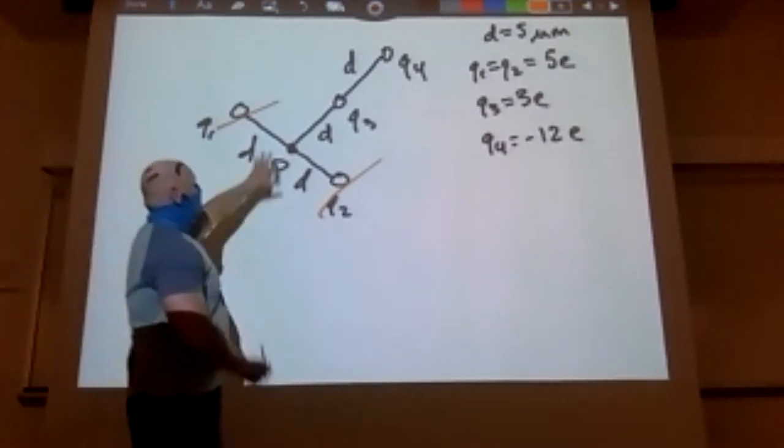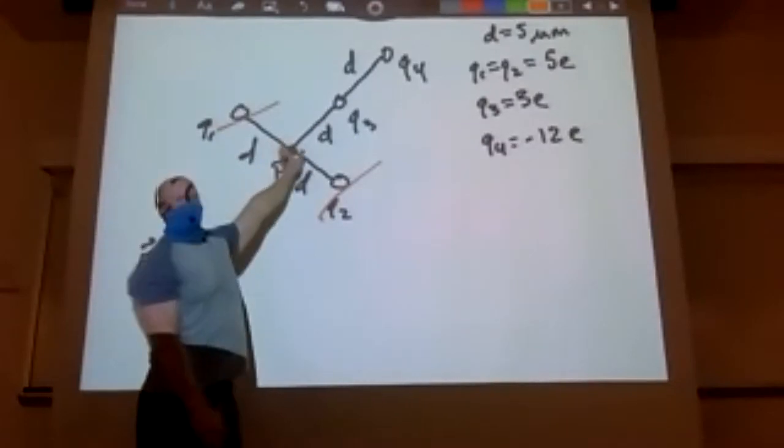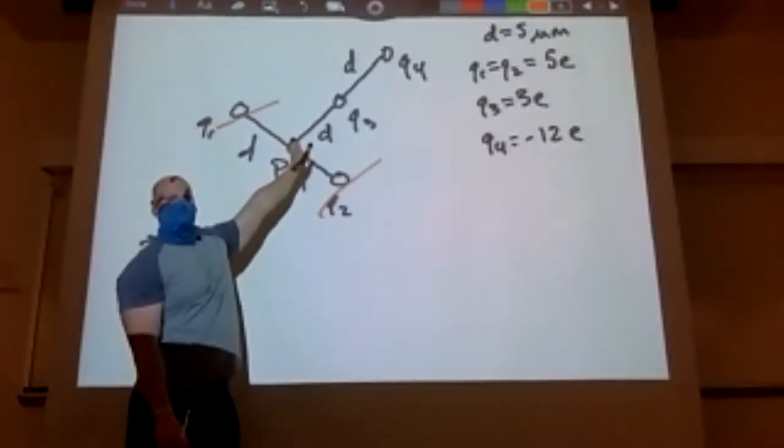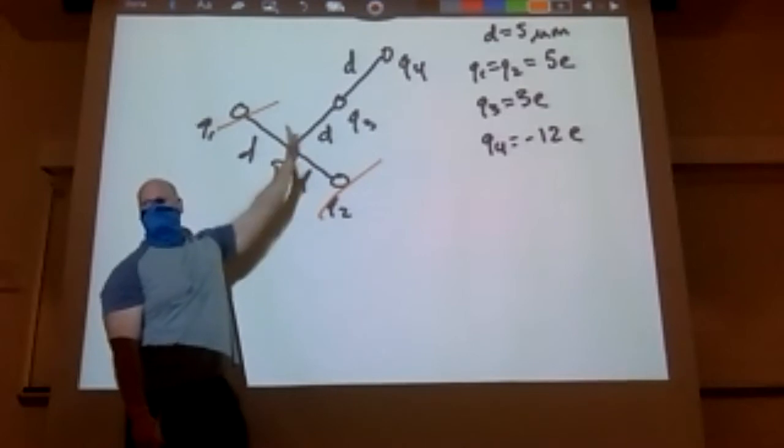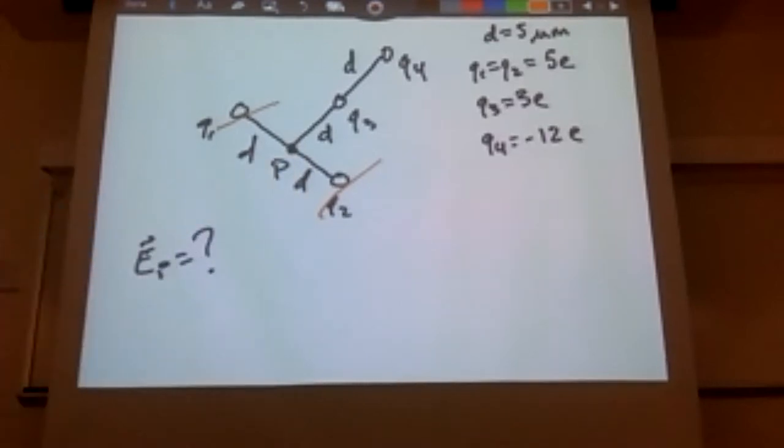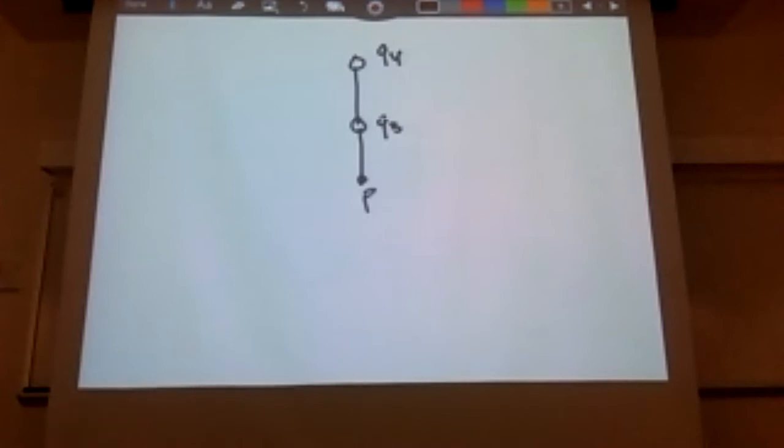Which means that instead of working with this tilted picture, I'm going to go ahead and rotate it. Because I can. So instead of doing this picture, I'm instead now just going to switch it so that this is Q4, this is Q3, and this is point P. Why work with components when I don't have to?